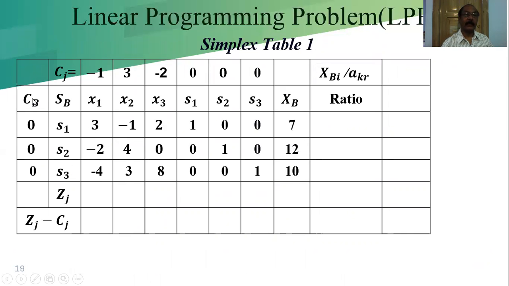CB means the coefficients in the objective function of the basic variables S1, S2, S3, which are 0, 0, 0. From that we first calculate the Z value, then we calculate zj minus cj in the usual way we learned.